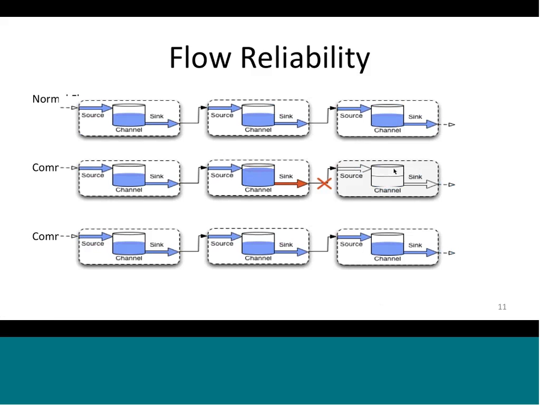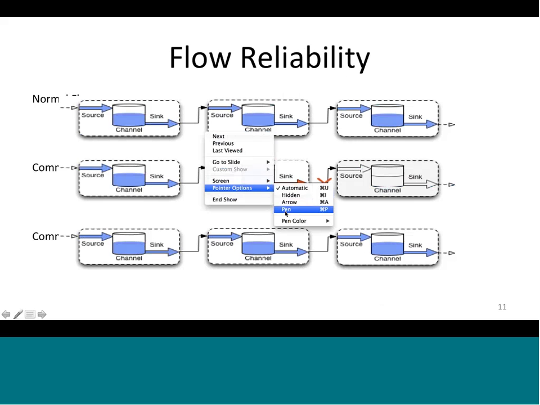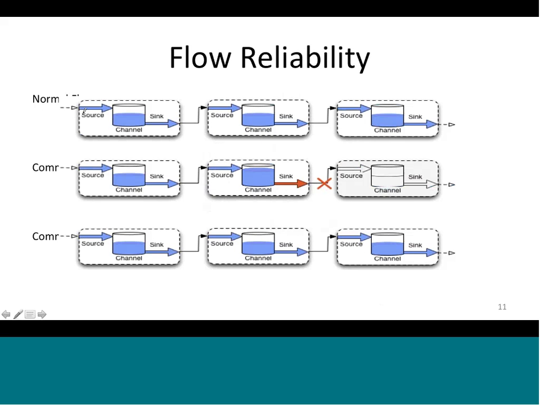So in a normal sense, a source is writing into a channel and the sink is taking out of the channel and putting it here, and it is going here, right? But if there is an error, let's say here, something is broken.